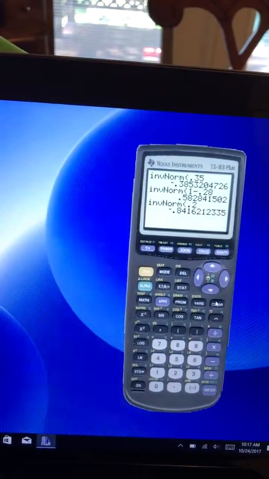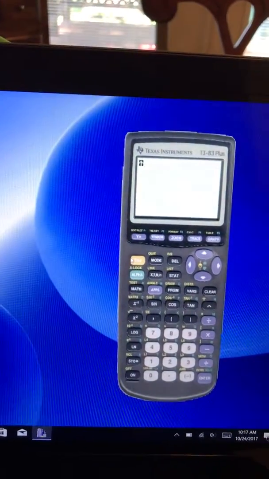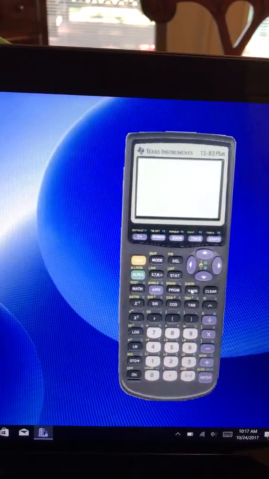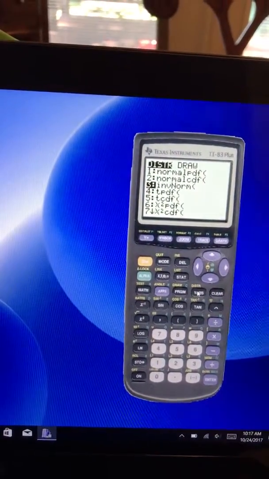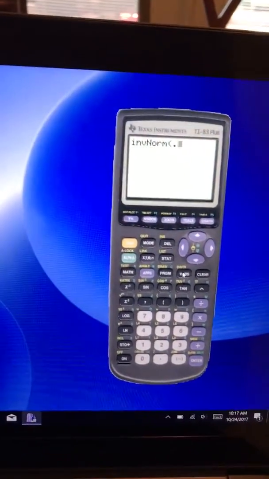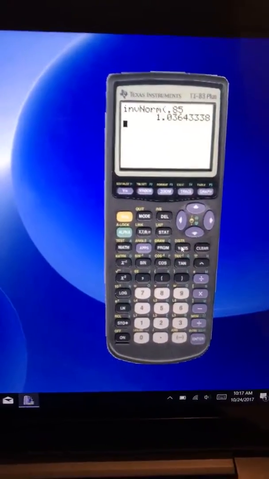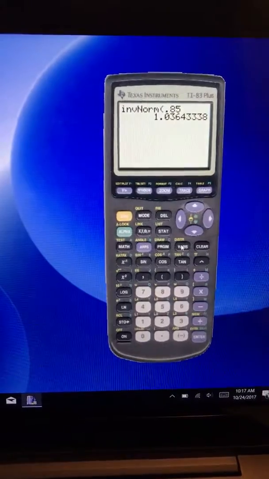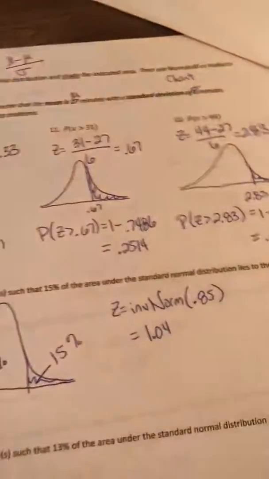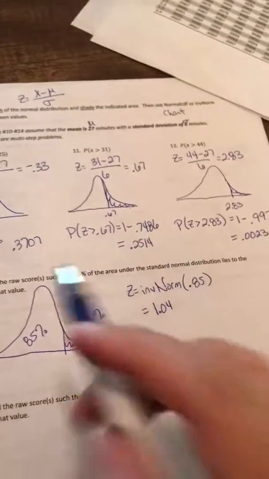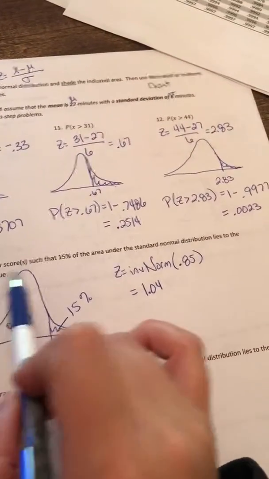So we're going to do second vars, inverse norm of 0.85. We get 1.04. Remember, z always round to 2, probability round to 4. And that's your z value, but it doesn't say find the z score. It says find the raw score.